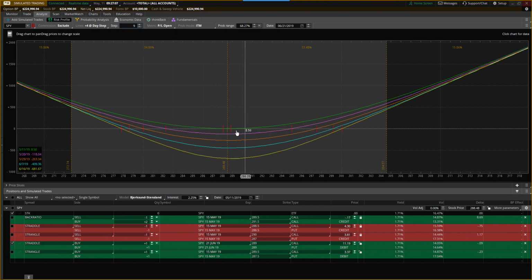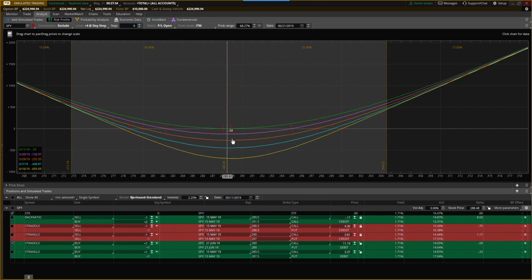So now every line represents 9 days of time. And this box over here is showing us where our loss would be by June 16. So the yellow line here represents June 16. Anywhere that SPY would be inside of here on June 16, that would show us where our profit or loss would be.